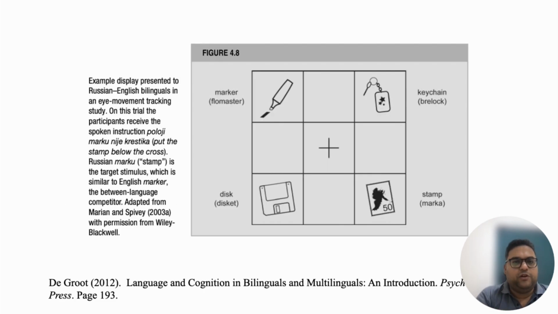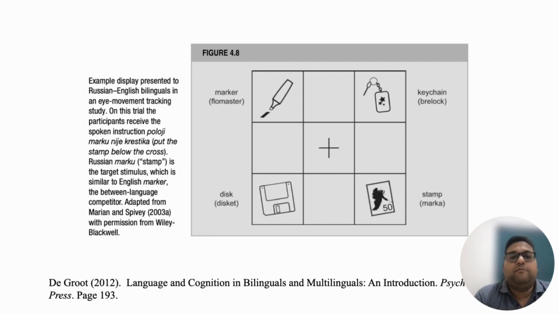Here you can have a look at how the visual display looked in Marian and Spivey's 2003 study. You can see here that the marker is one of the objects, the keychain is another object, the disc is another object, and the stamp is another object. Now, if they are listening to the Russian instruction, Poloye Marku Niekrestika, then they will get distracted between marku, which is the stamp in Russian, and marker, which is marker in English.